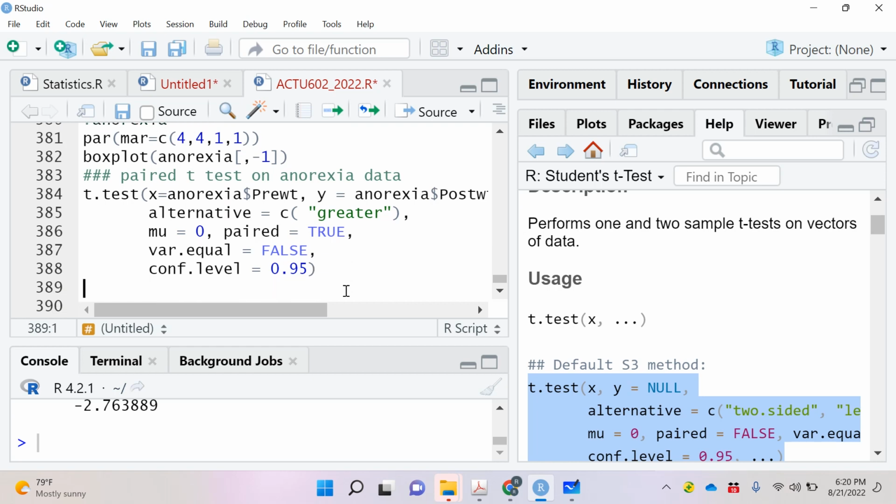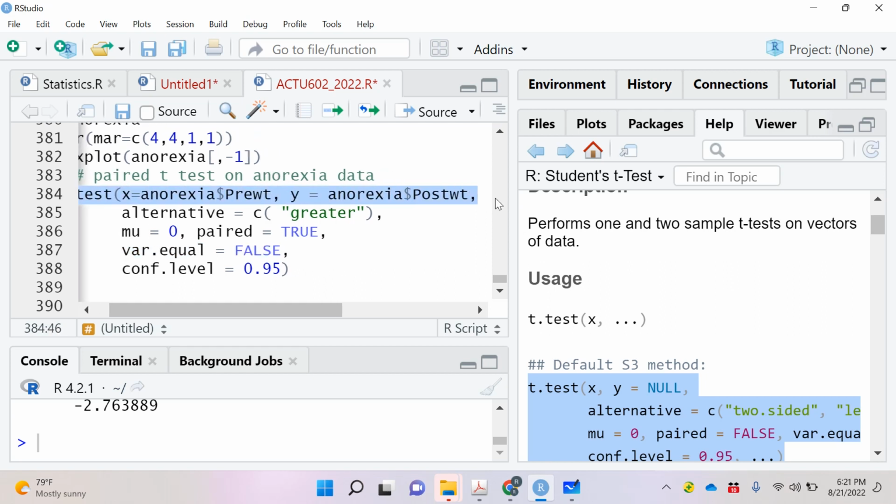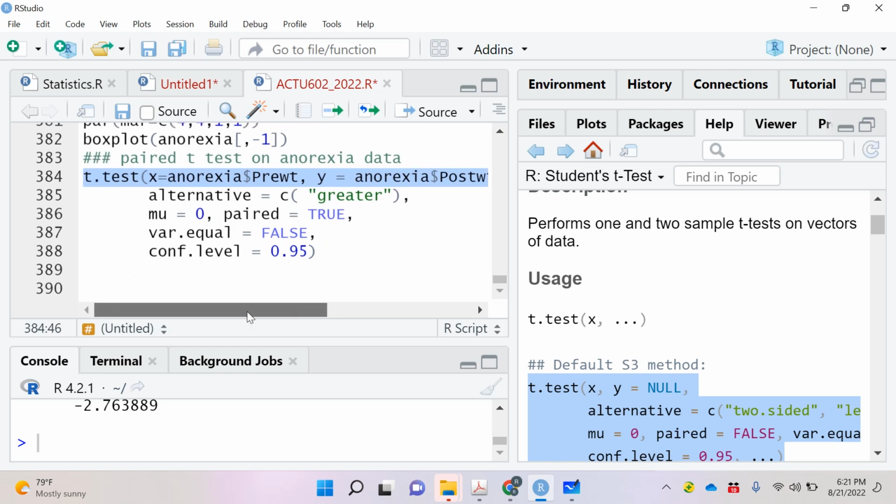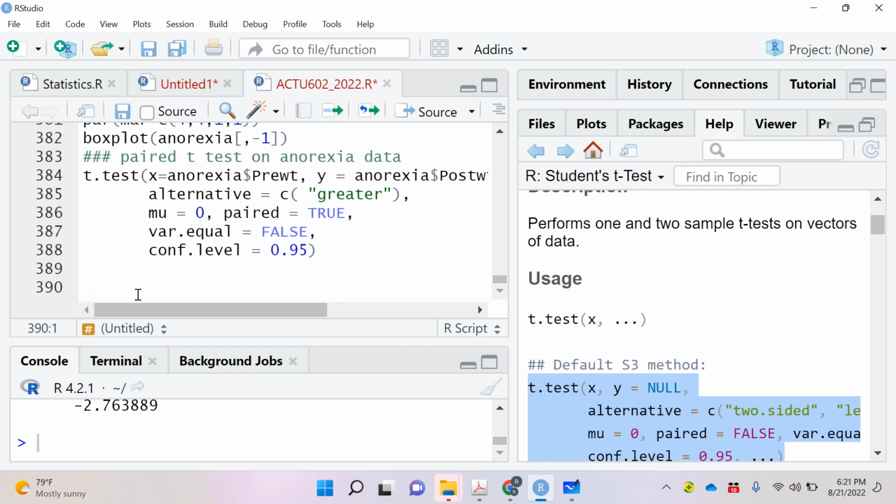So let's see this one. We chose var.equal to be false. We had no information about the variances. Ideally, if you want to check this, you must do a test of hypothesis to check whether the variances are the same or not. If they are the same, you do that.